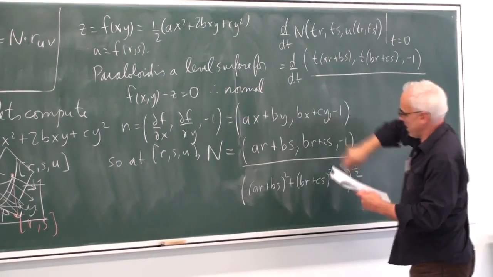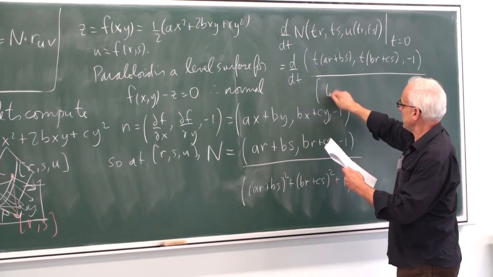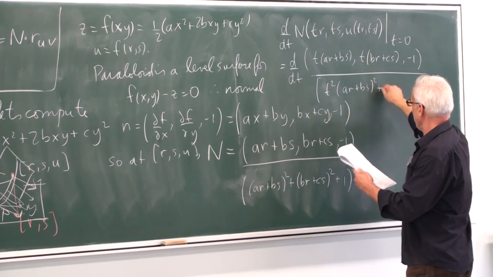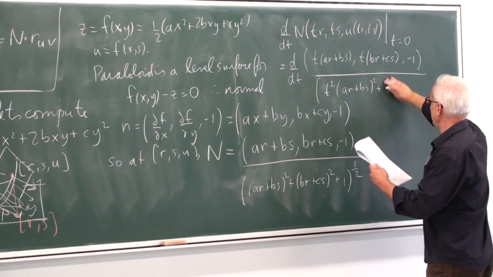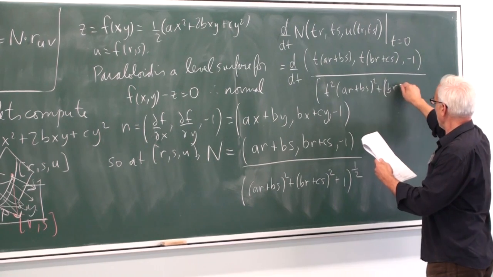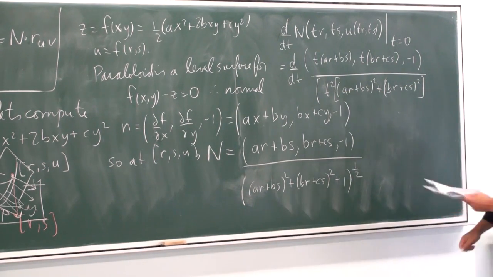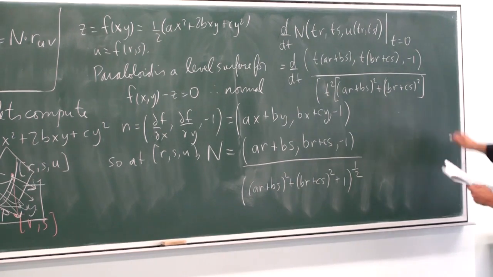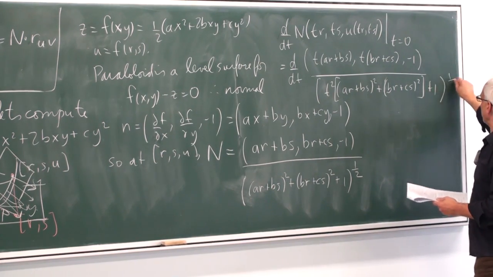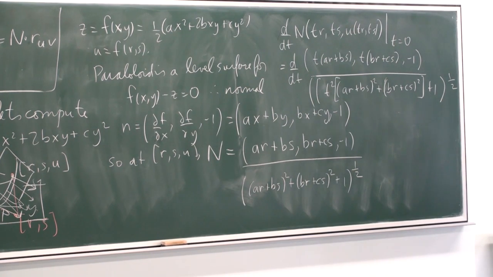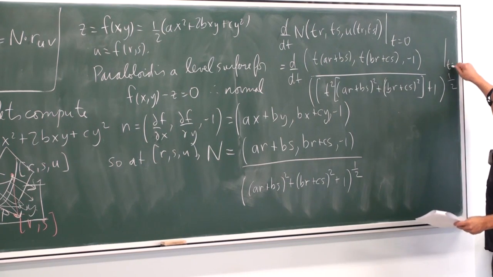And then divided by, okay, there'll be t squared times ar plus bs squared plus t squared times br plus cs squared. I'll put that all in brackets. Plus 1, all to the half. Okay, I want to differentiate that and then set t equal to 0.